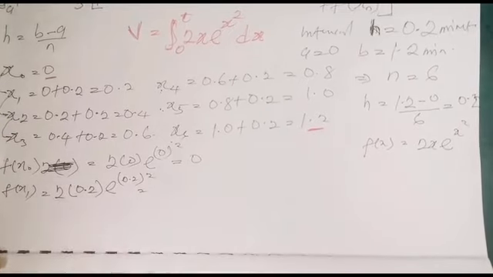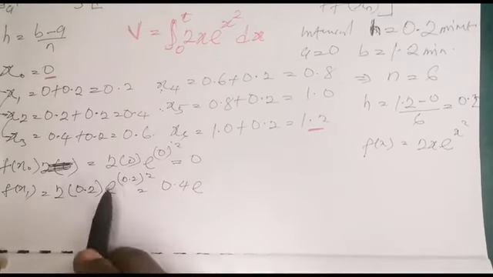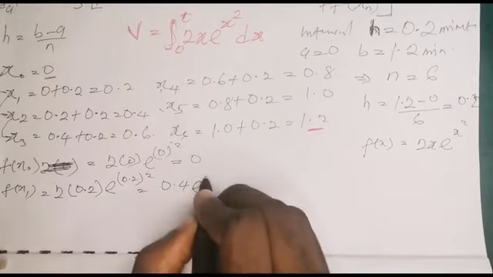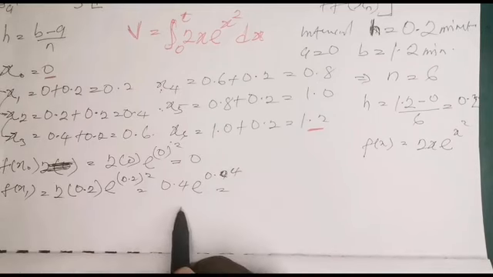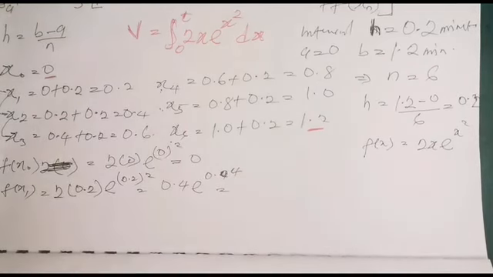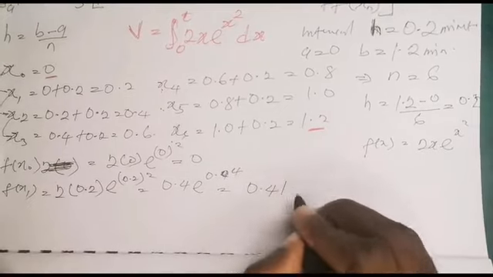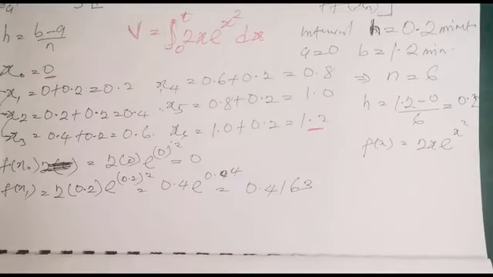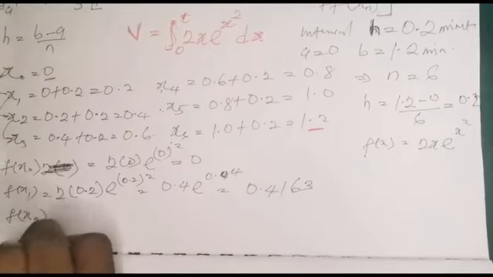So 2 times 0.2 simply gives us 0.4. 0.2 squared also gives us 0.04. So let's find this value and see. We have 0.4 multiplied by exponential 0.04. That gives us approximately 0.4163.